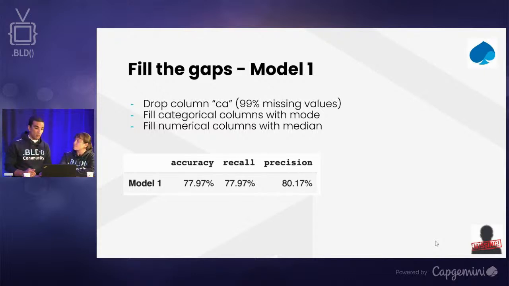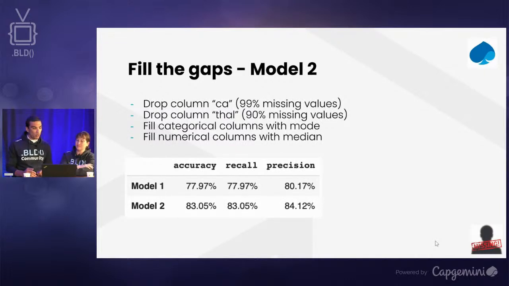So let's see if a different approach helps. In model 2, we are dropping the same column, and dropping one other column where we had 90% missing values. If that column were important, maybe model 1 would be better than model 2.